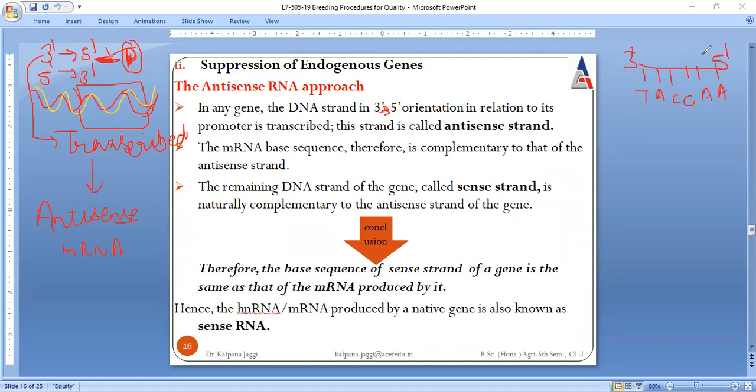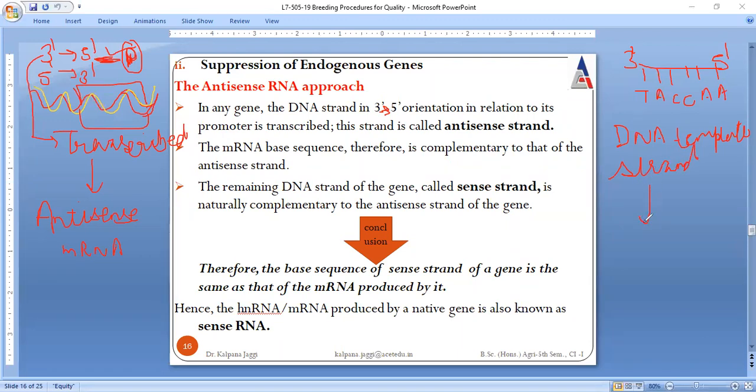The one that is providing the information is part of the DNA, one strand of the DNA, so it is called the DNA template strand. Very important.